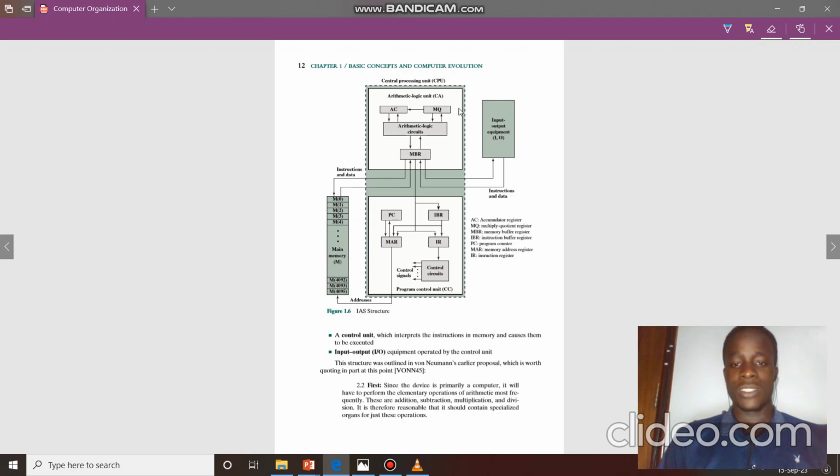The result is taken back to the MBR, which stores the result temporarily before it is given out as output or stored in the memory.